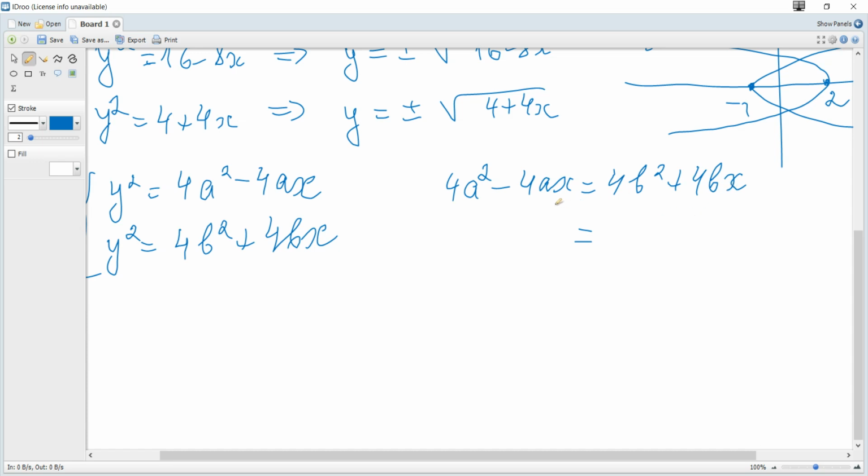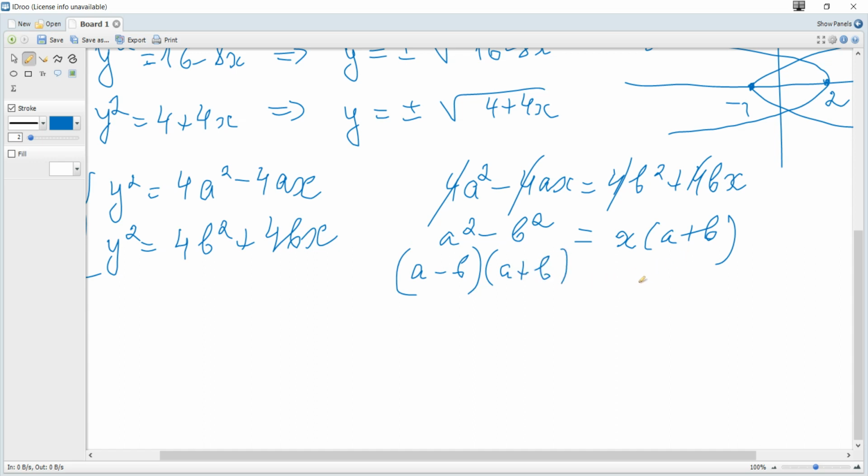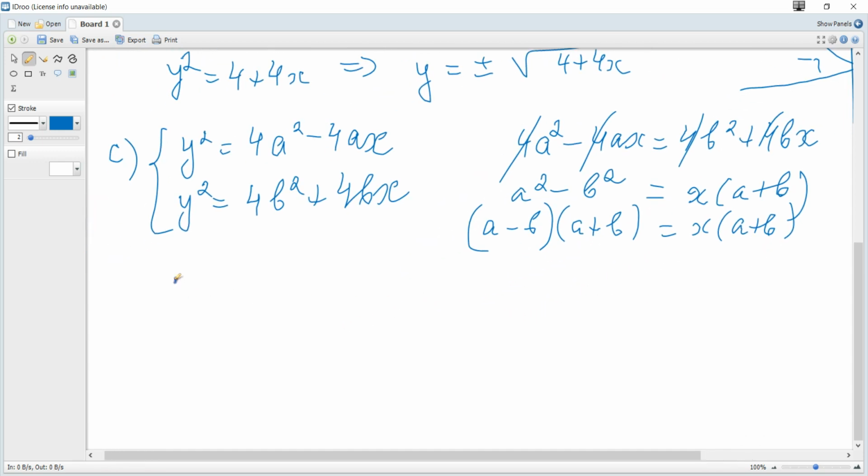So let's move the terms with x to the right and factor out x, and 4, or actually we can divide each term by 4, and it becomes x times a plus b is equal to a squared minus b squared, but a squared minus b squared is a minus b times a plus b. A plus b is not 0, so we can divide it, and x is a minus b.